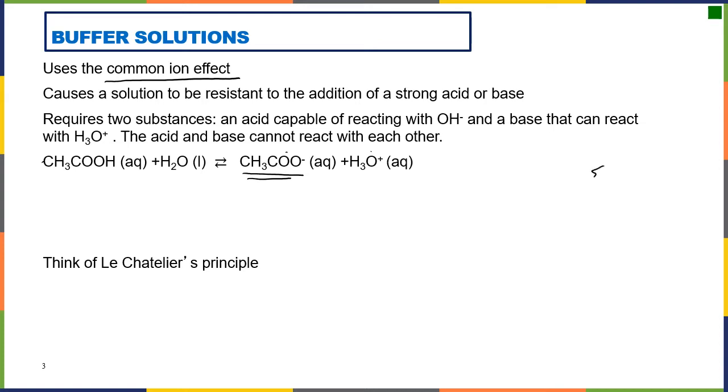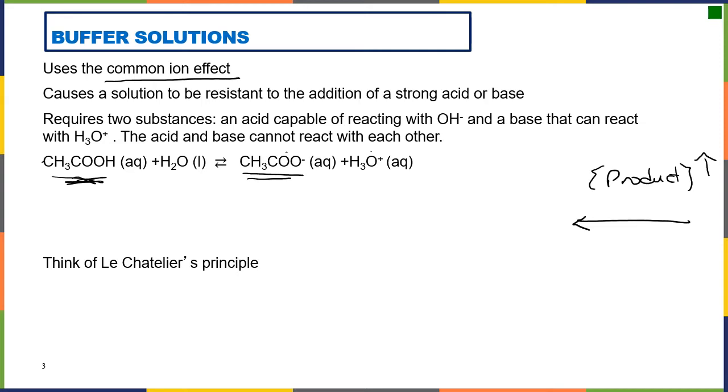And as the concentration of a product goes up, the reaction is going to shift back towards the original reaction. So the solution will be not as acidic as the original solution of the acetic acid.